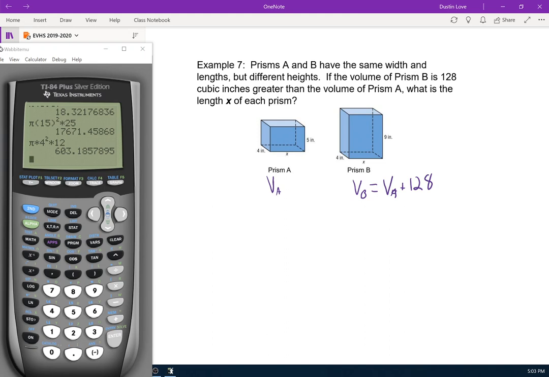Well, let's see. Volume A is going to be the area of the base times the height. The area of the base here is just going to be 4 times X. So this is 4 times X times 5.